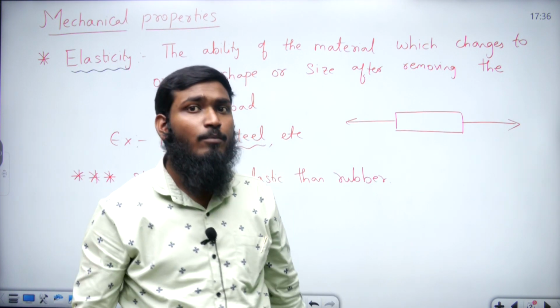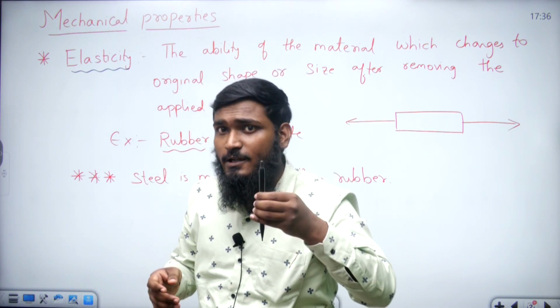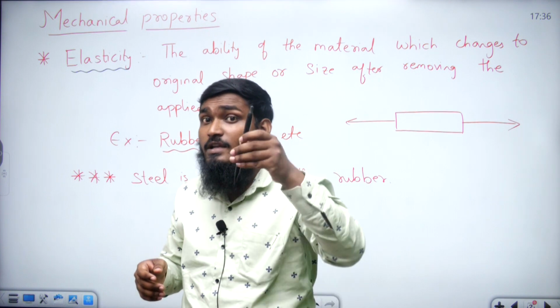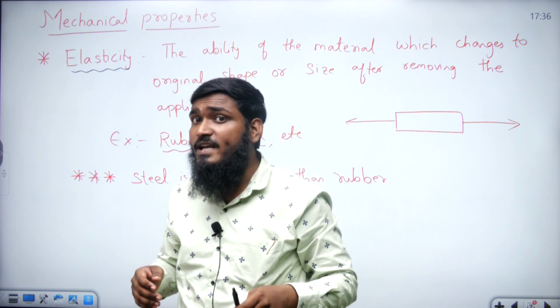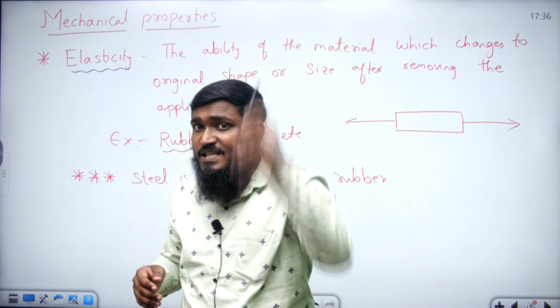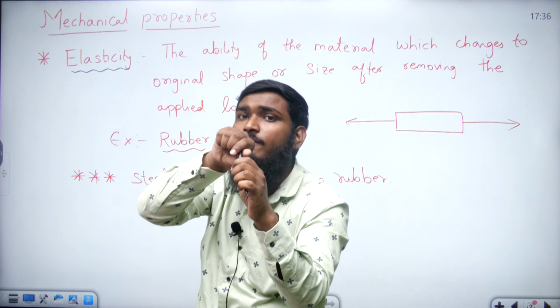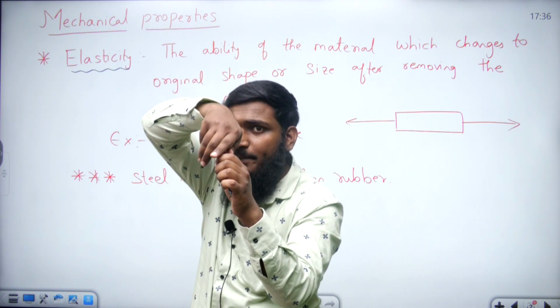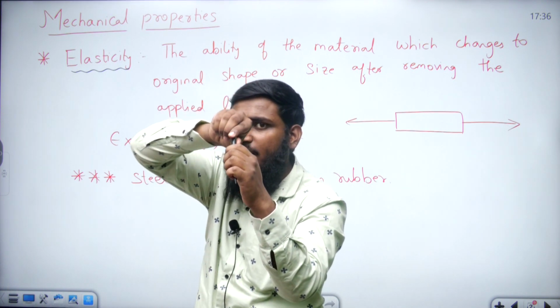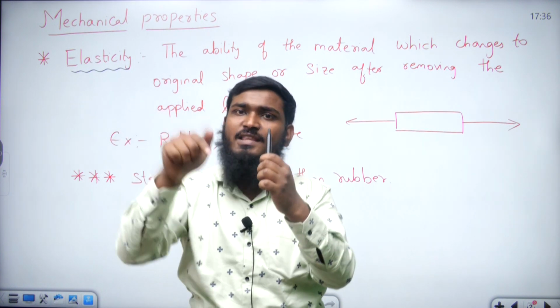Now we'll take the example of steel. Many times you have seen a steel scale, in your childhood and school days. If you bend that steel scale by applying a load, it is in a bending condition. Whenever we remove that load, it comes back to the original position faster than the rubber.